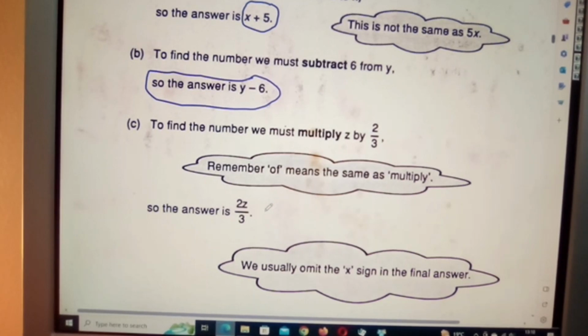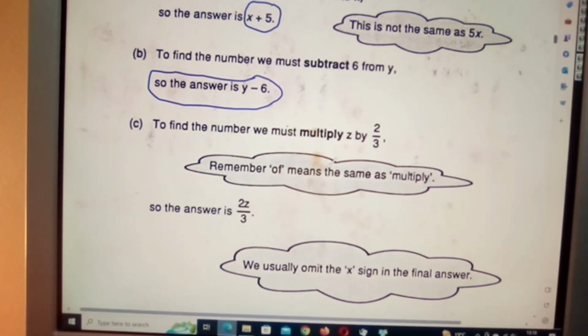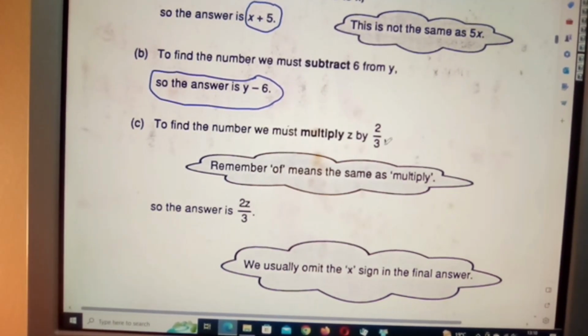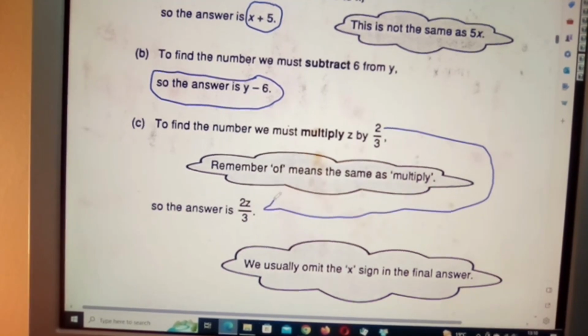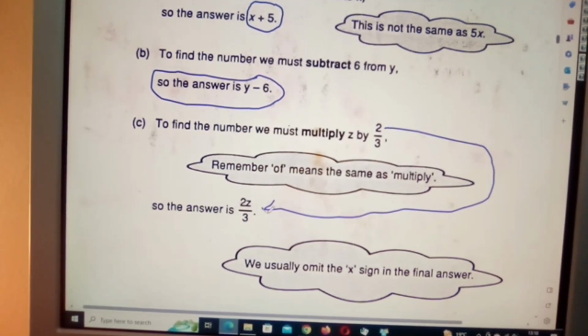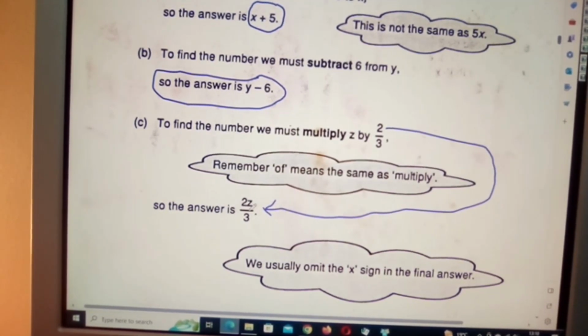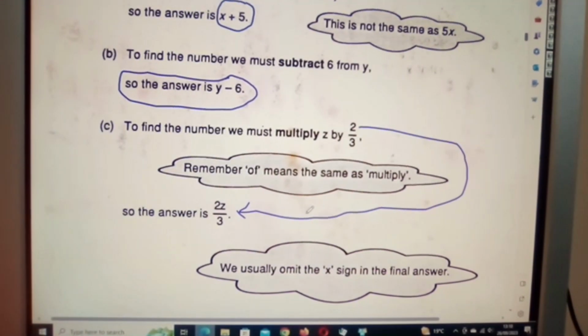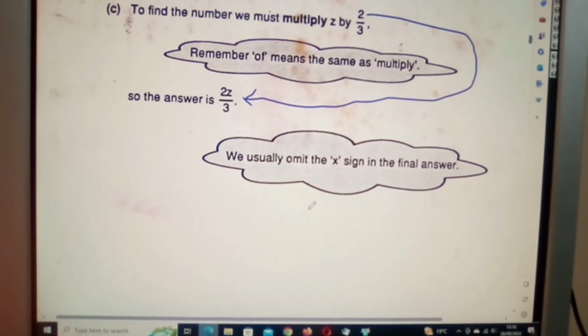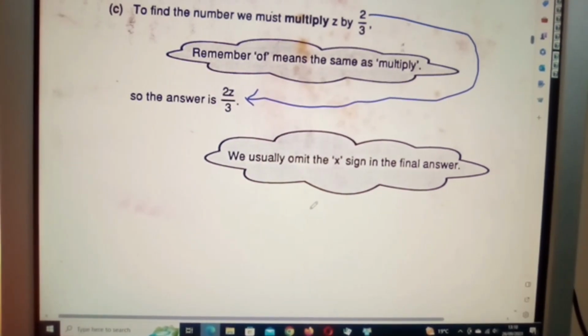To find the number, we must multiply z by 2/3. So here you can see that this now becomes 2z over 3. Okay. We usually omit the x sign in the final answer.